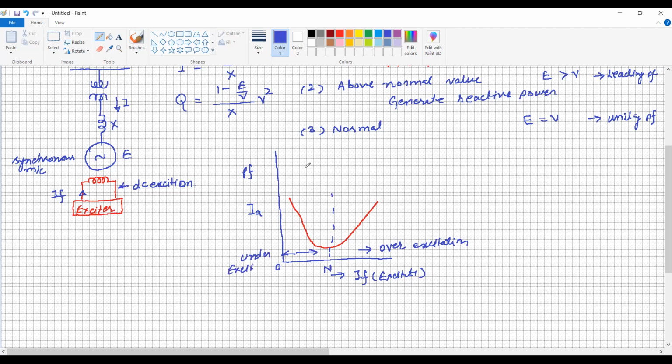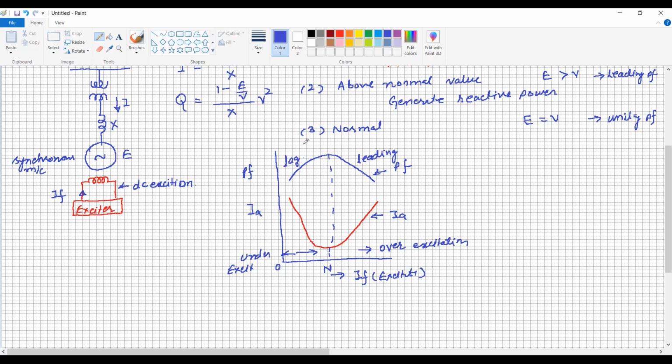In under excitation, the power factor becomes lagging. So say this is the power factor, this is the armature current IA, and this is the power factor. Under such condition, the power factor is leading, and this power factor is lagging.